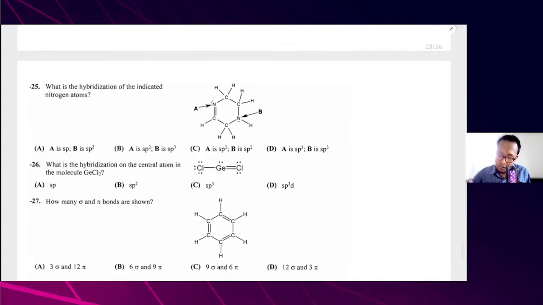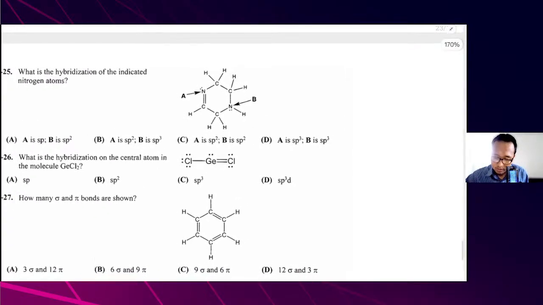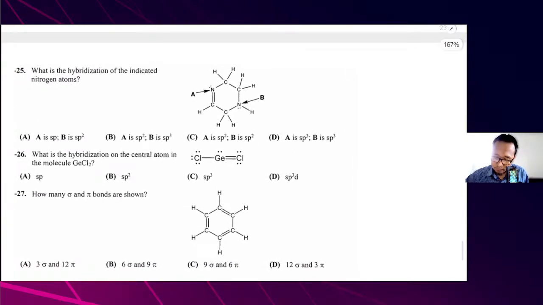What is the hybridization of the indicated nitrogen atom? Let's take a look. If four atoms are attached, it will be sp3.